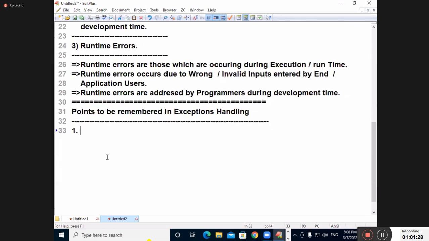Come on, students, you tell me. All the students online, tell me quickly. When do you get runtime errors? Wrong inputs? Irfan, very good.